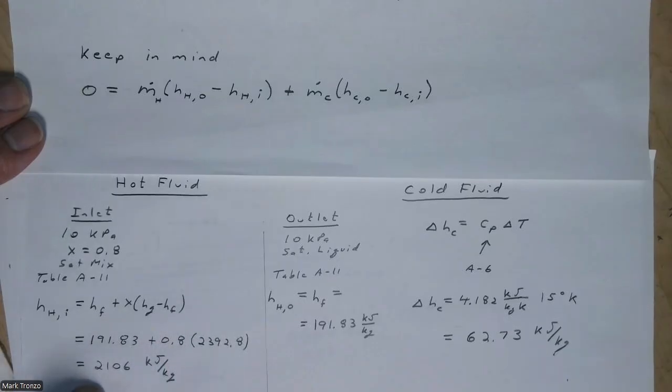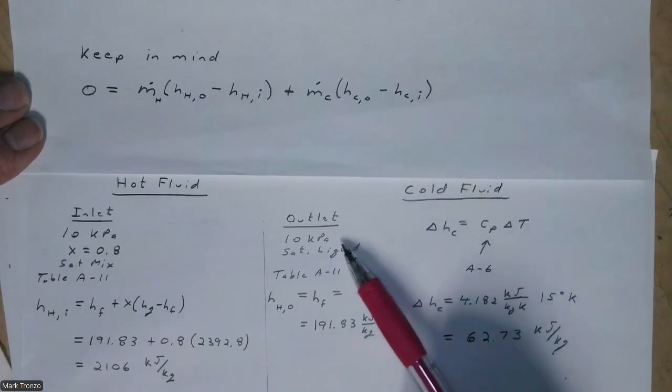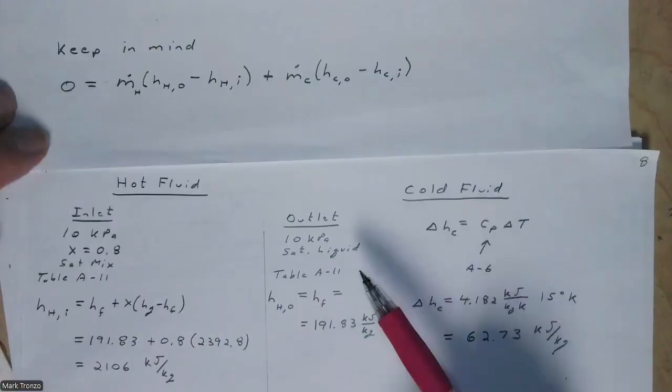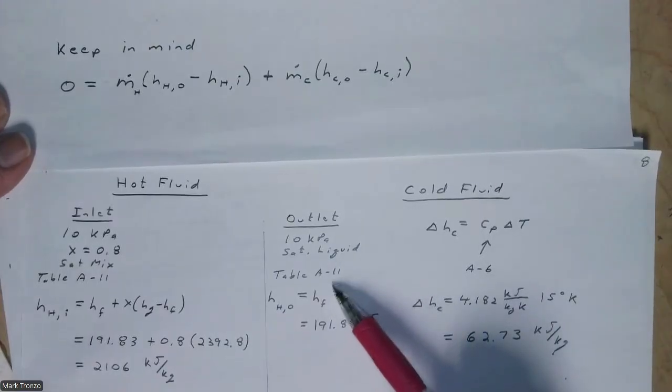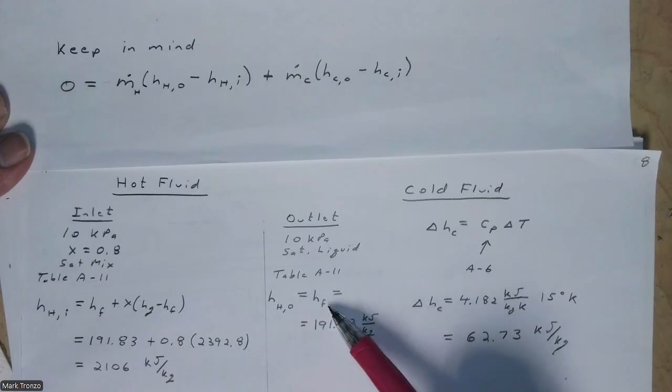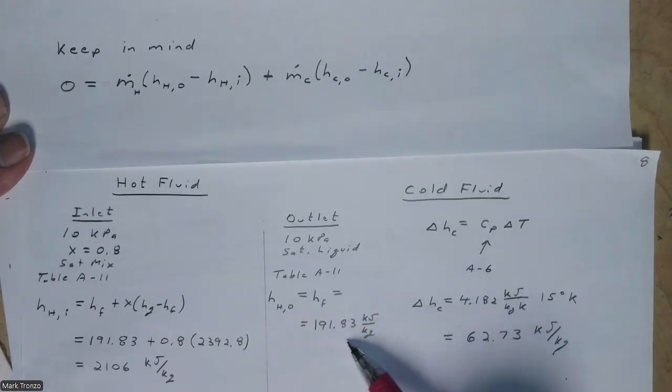And that gives you h_i of 2106 kilojoules per kilogram. And for the outlet, we have a saturated liquid. And in the table A11, again, saturated liquid h_ho is h_f, and that's 181.83 kilojoules per kilogram.